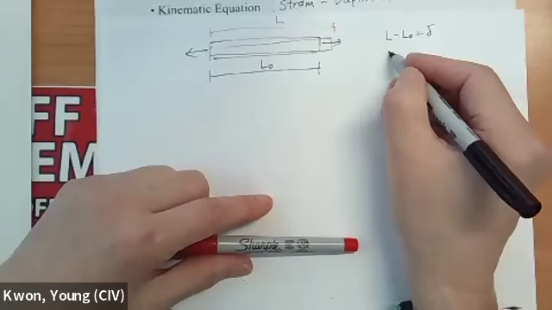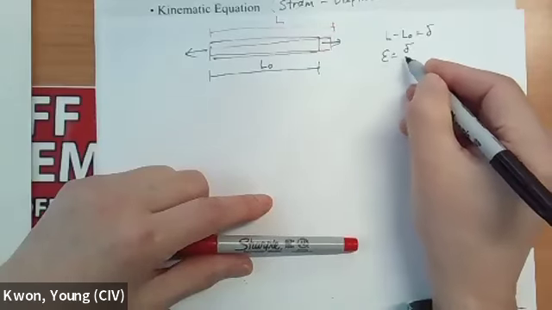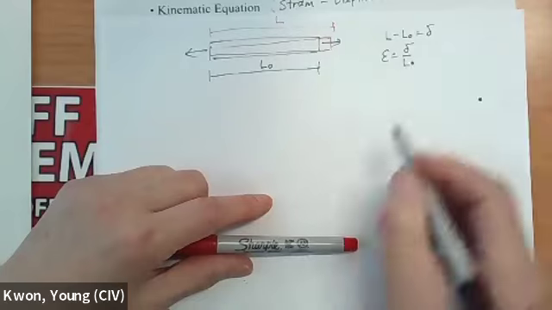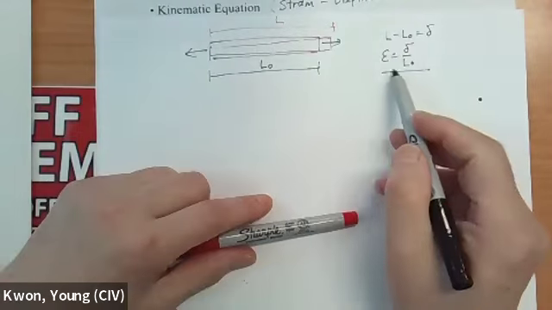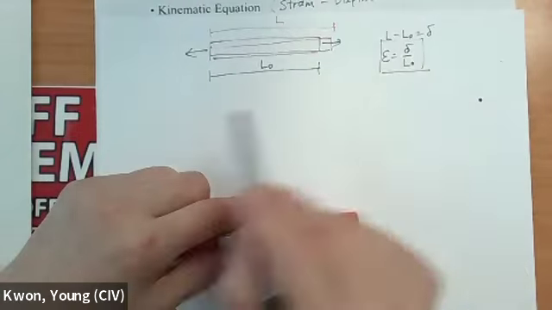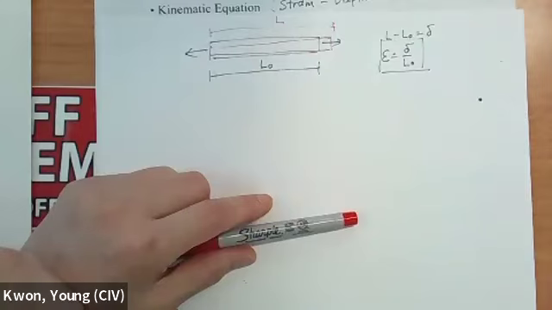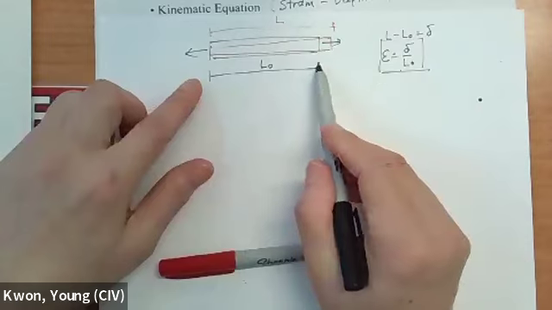So we define normal strain as delta over L naught. That is what we define in mechanics of material or strength of material. So this is the strain displacement relation. However, this is the average.